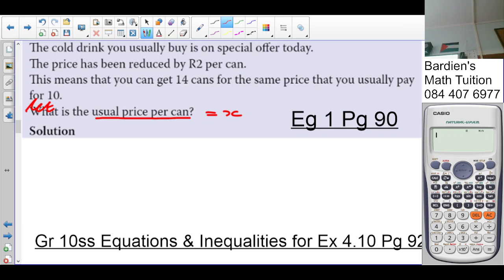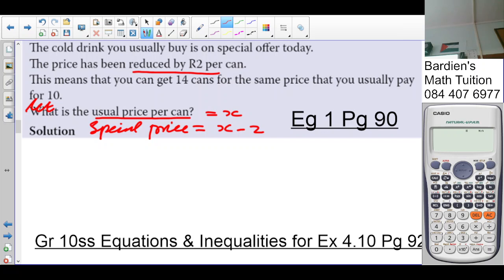So if the usual price is x, the new price, the discounted price, the special price, would then be equal to what? 2 rand less. So it's going to become x minus 2.